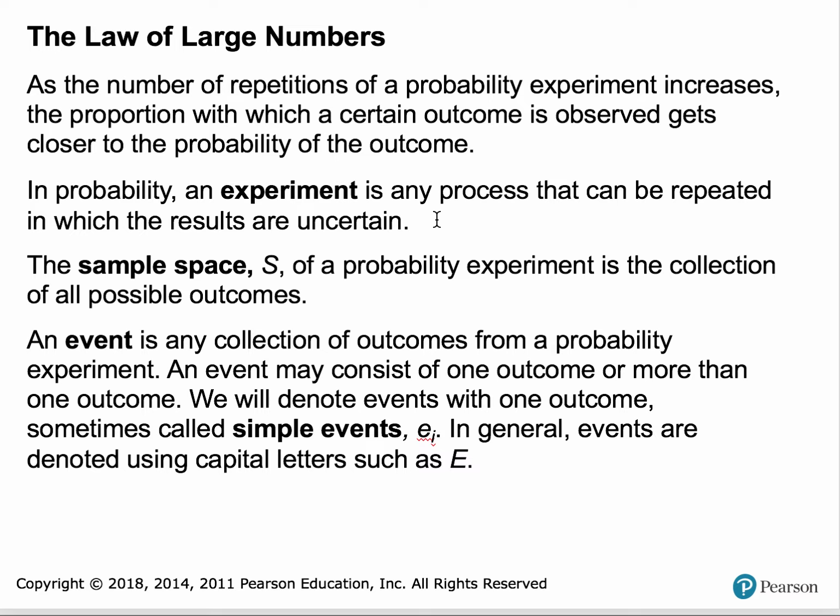For example, an insurance company cannot know whether a particular 16-year-old driver will have an accident over the course of a year. However, based on historical records, the company can be fairly certain that about 3 out of every 10 16-year-old male drivers will have a traffic accident.